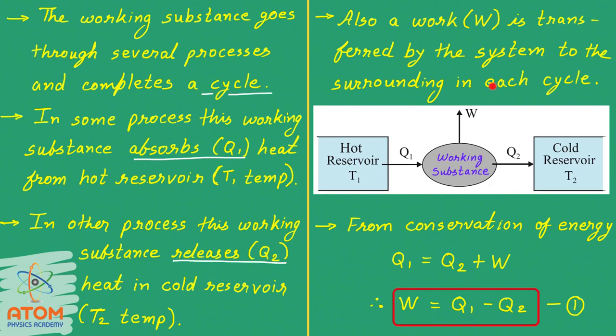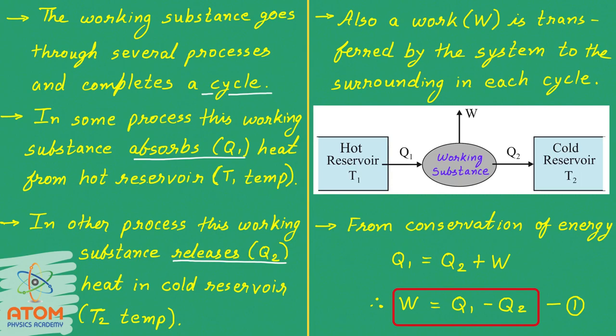Now, this is the basic need of the engine, right? We need work from the engine. That's why in each cycle the system transfers work by some mechanism, whatever it is, to the surroundings. If you remember, in the previous picture I showed a shaft which was connected with pistons. This shaft is the medium by which the system transfers work to the surroundings.